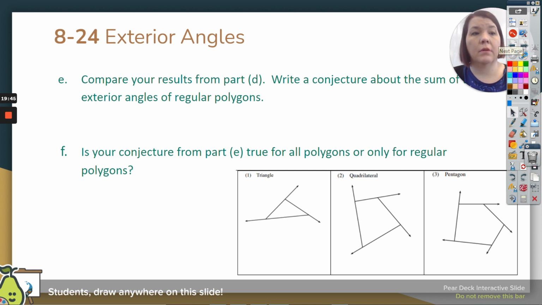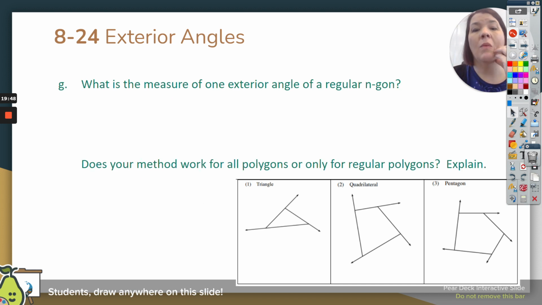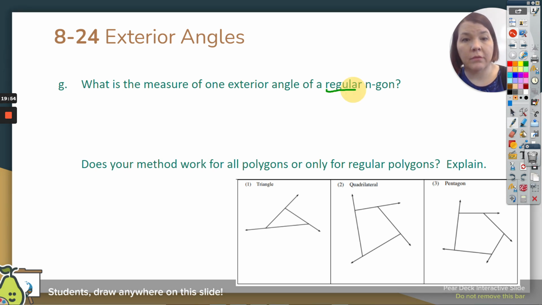What's the measure of one exterior angle of a regular n-gon? Of a regular one, that means we're going to take 360 and divide it by the number of sides, and that will give me the answer. But only if they're all the same.